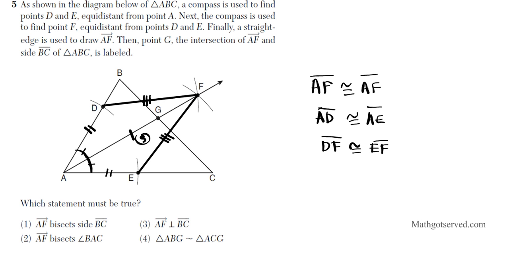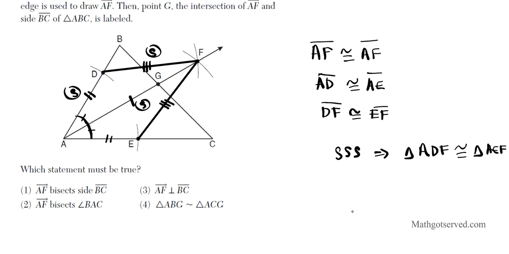So what do we have here? We have side, side, side. So using the SSS postulate, we know that these two triangles are congruent, triangle ADF and triangle AEF. Okay, and since these two triangles are congruent, what do we know about corresponding parts?